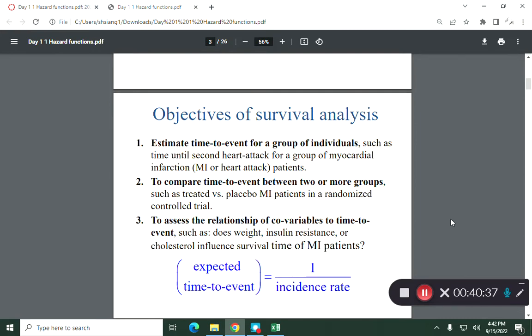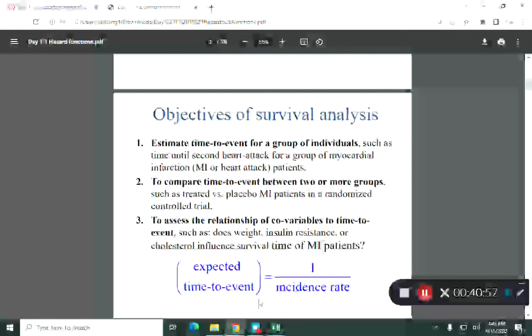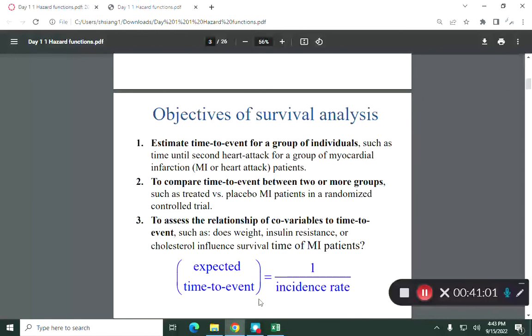So far, we covered that 1 over the arrival rate, or incidence rate, equals the expected time to event. Your example is the histogram we did for the Excel distribution. Remember, I had the 0, 1, 0, 1, 0, 1. Every step, I got a chance to flip 0 to 1, 1 to 0. And the time between 2 ones is your waiting time.